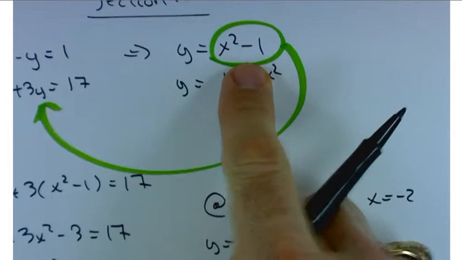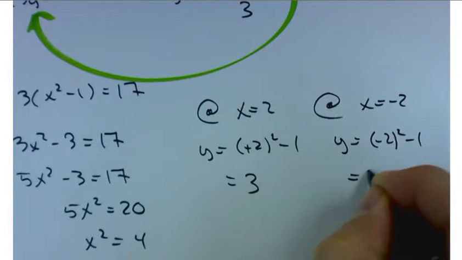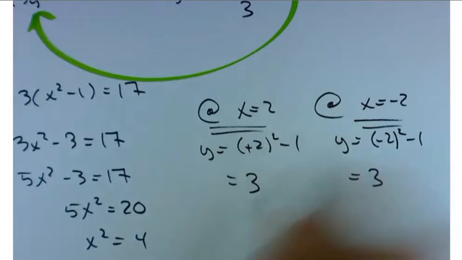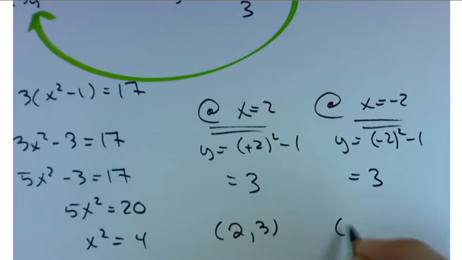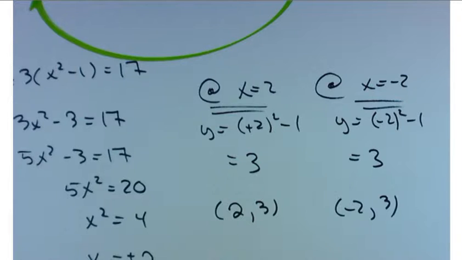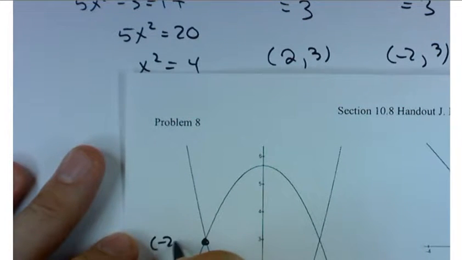Plugging that back in up here, negative 2 squared minus 1 is also going to be 3. So our two solutions are 2 and 3, and negative 2 and 3. Graphically, you can see those two solutions on your handout. Negative 2 and 3, and 2 and 3.